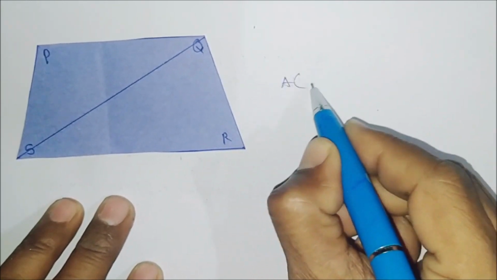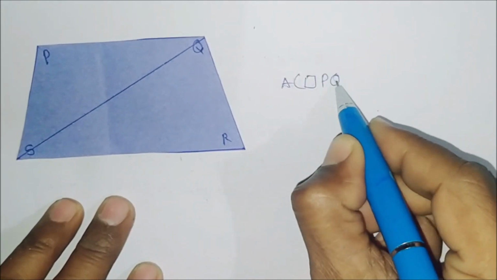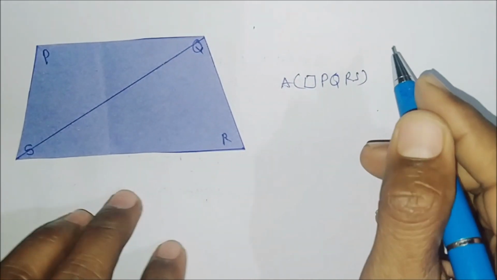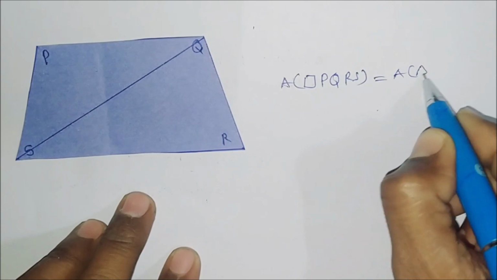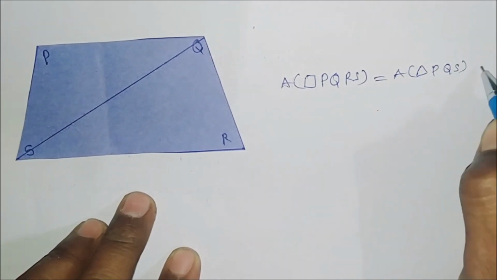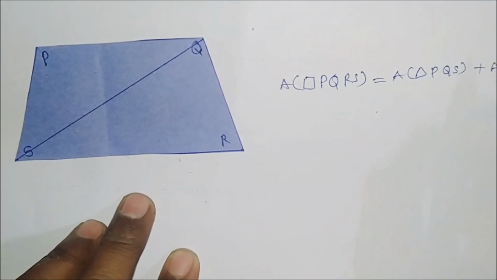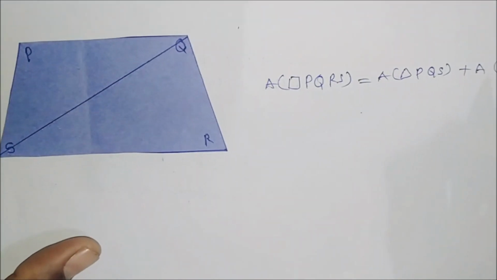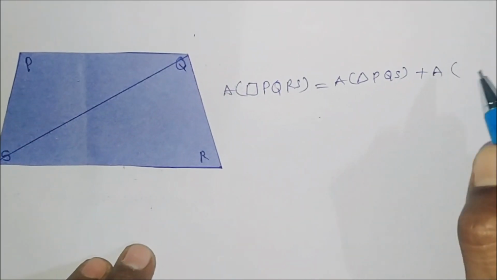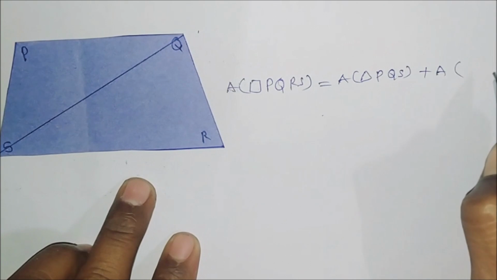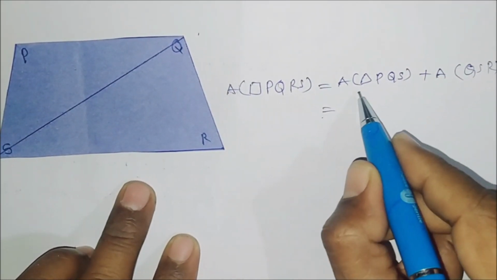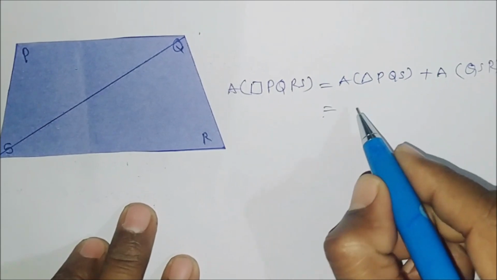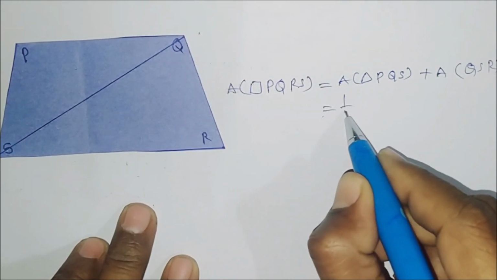So area of quadrilateral PQRS, which is a trapezium, it is equal to area of triangle PQS plus area of triangle QSR. Now we know that formula for area of triangle is 1/2 base into height.